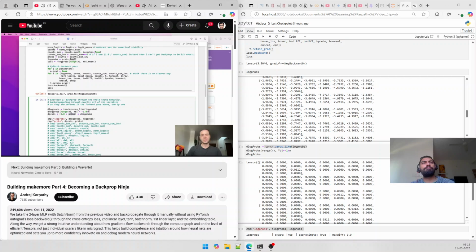But if the correct character is getting a very low probability, then dividing 1.0 by it will boost this and multiply by d log probs. So intuitively, this line is taking the examples that currently have a very low probability assigned and boosting their gradient.